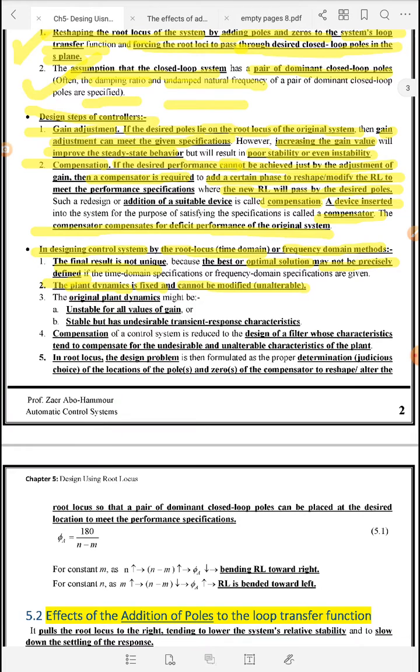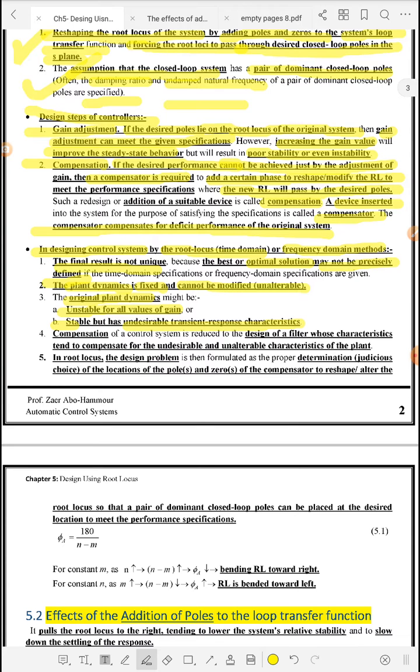And regarding the next point, the original plant dynamics, if we add a controller, whether in gain adjustment or compensation, the original system might be unstable for all values of gain, or stable but not matching the desired specification.